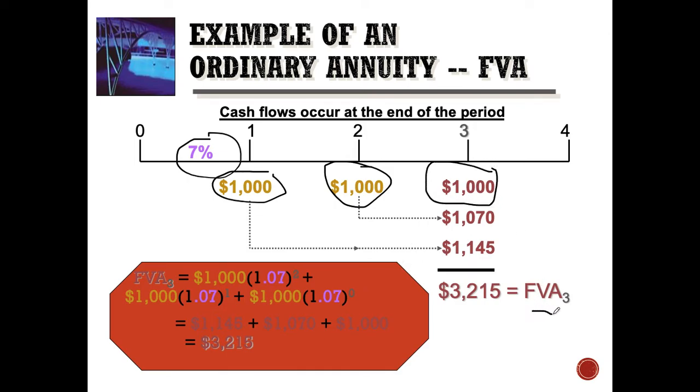So the future value is the future value of year 1 here: 1,000 multiplied by (1 plus i, or 7%) to the power of n minus 1, and here 3 minus 1 is 2.